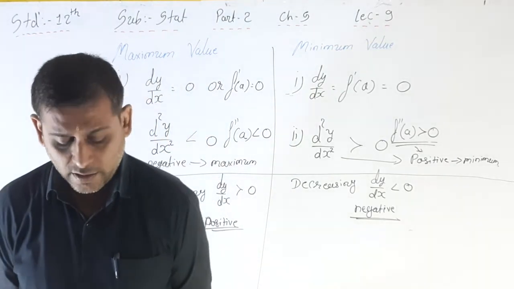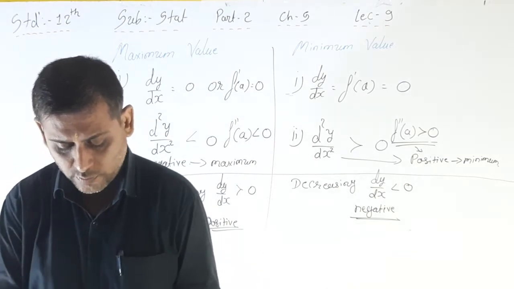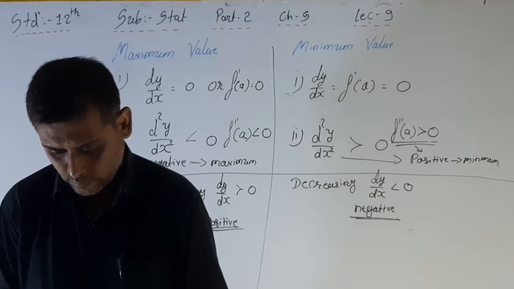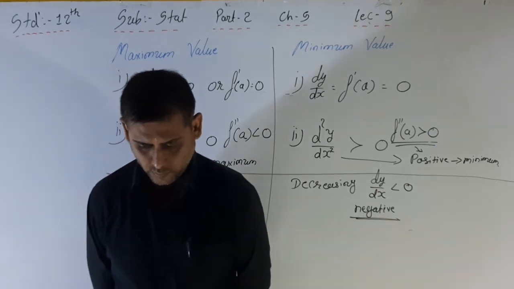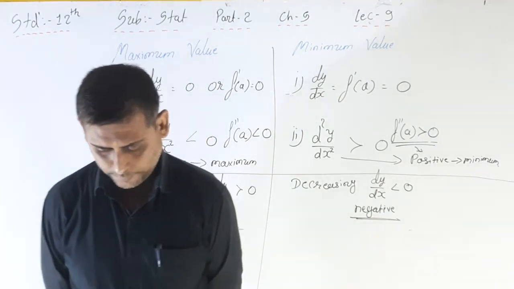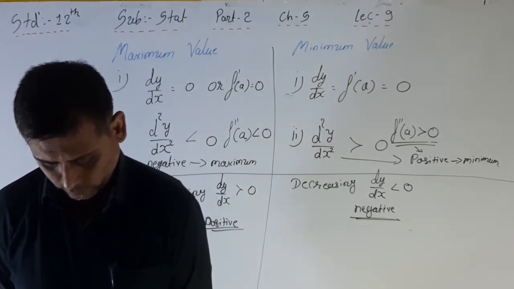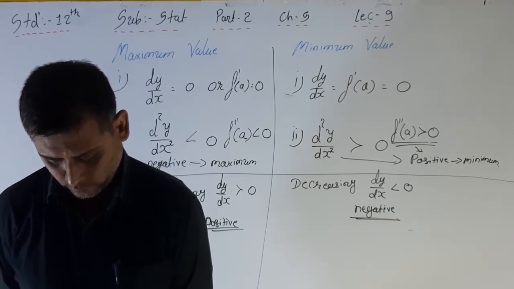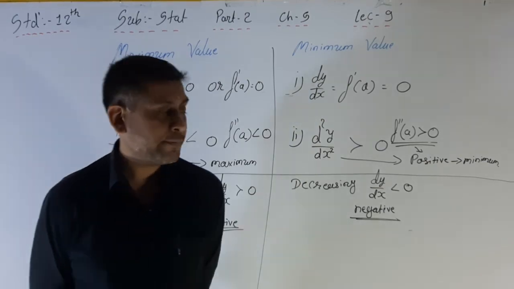Then I am writing the next method, that is method number 8 for maximum and minimum values. Okay, complete that.